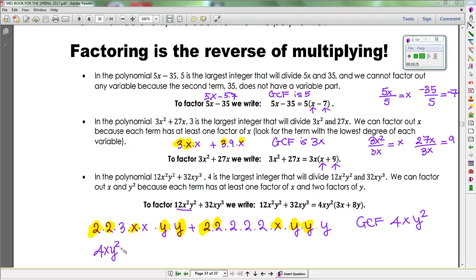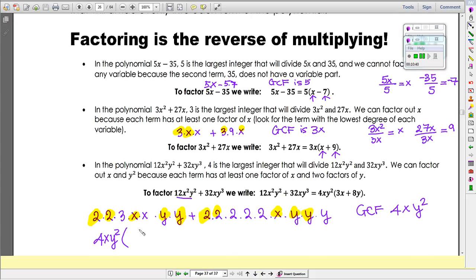You put 4xy to the power 2, and then take each term of the given expression and divide by 4xy squared. So the first term is 12x squared y squared divided by 4xy squared. The next term is 32xy to the power 3 divided by 4xy squared.